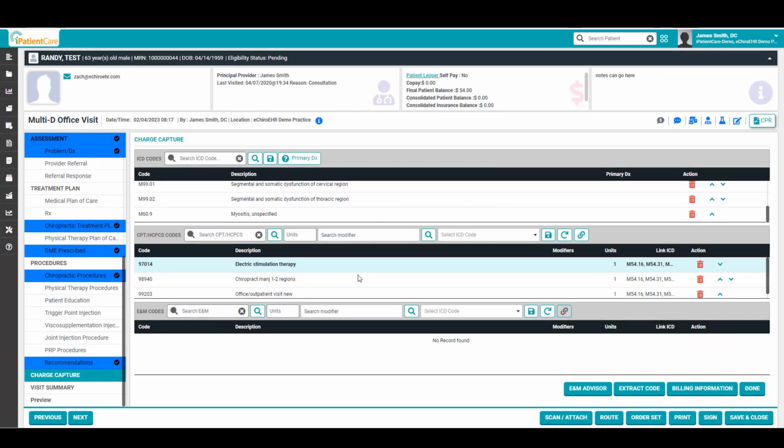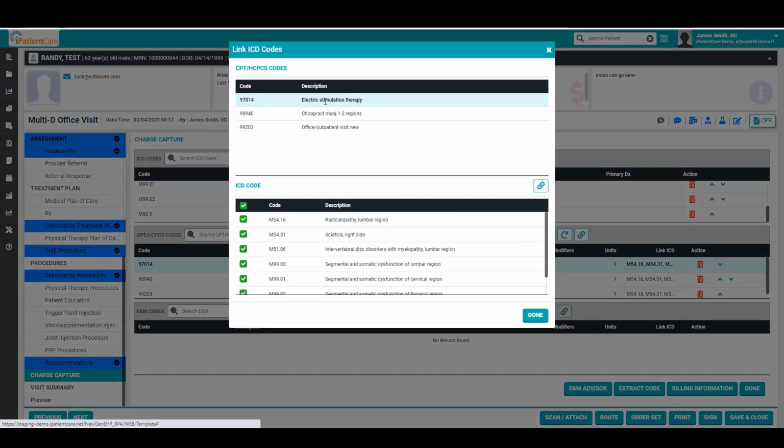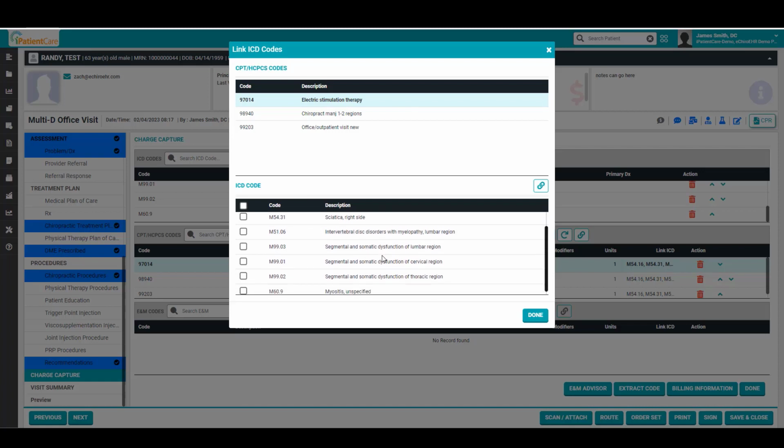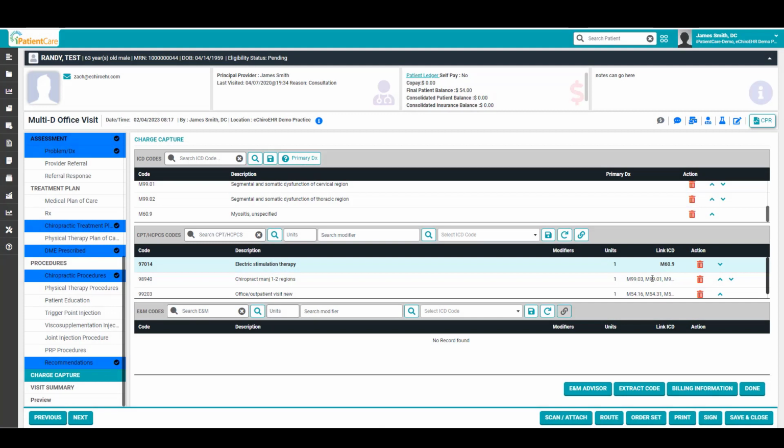However, in the event that that's not the case, and there's certain procedures that are specific to a specific diagnosis code, you can click on the link button again, and then select that procedure, let's say electric stimulation, and then decide where we need to tie that. And then move on down and select the procedure with the specific diagnosis codes.